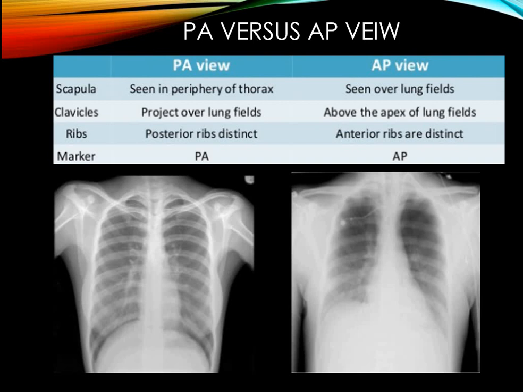While in the AP film, the shoulders will be down and the upper limbs will be by the side of the body, and that's why the clavicles will appear horizontal. Which one is better? Of course, the PA chest X-ray is better. The lung will appear more clear, and the heart and the mediastinum will appear more clear.